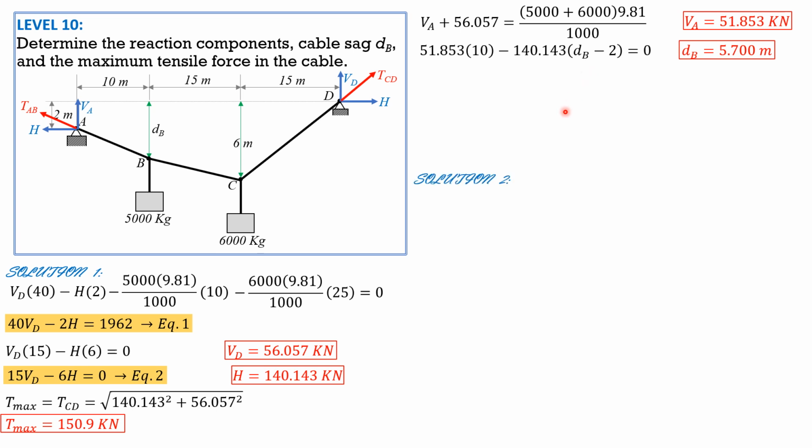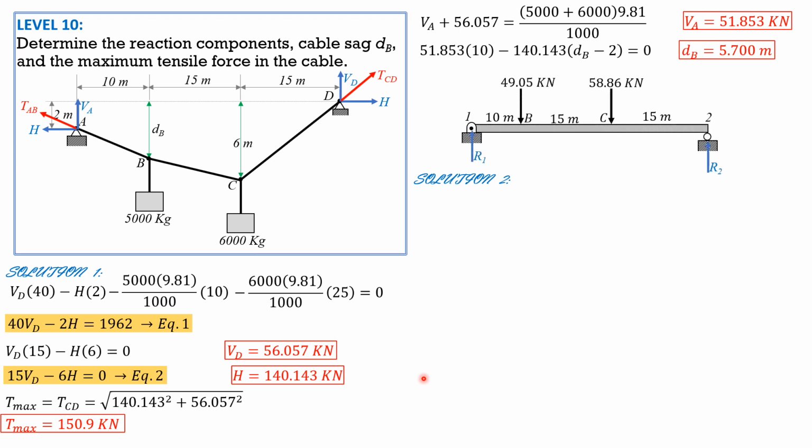Then having found D sub B, we have the second solution. By the way, reaction components at A would be 51.853 vertical, H 140.140 horizontal to the left kilonewtons. Then we have here a simple beam.